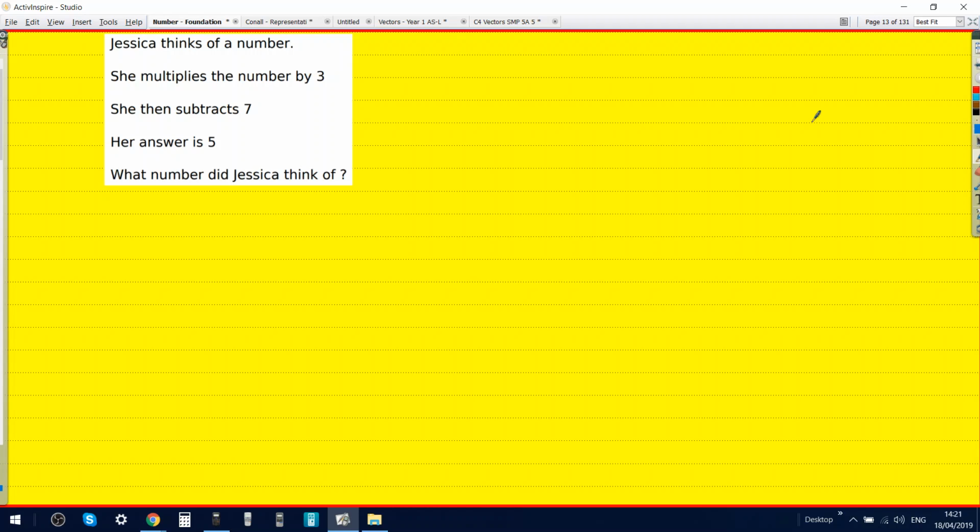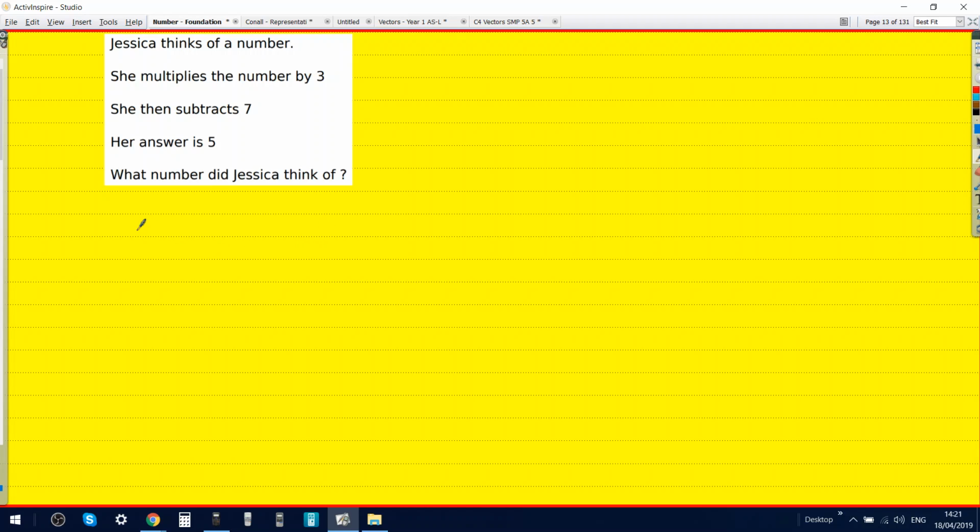We know the answer was 5. Whatever got 5 was from subtracting 7, so it would be adding 7.